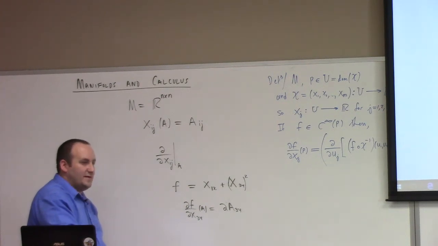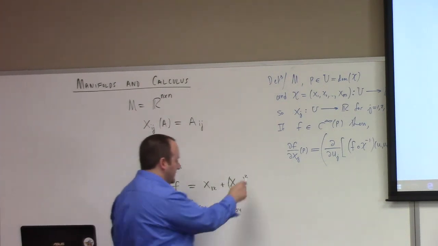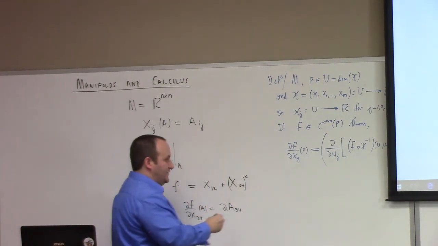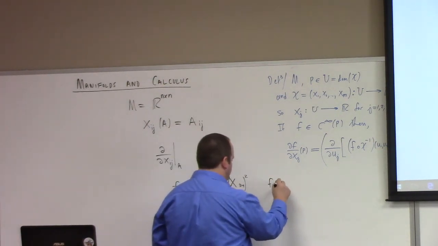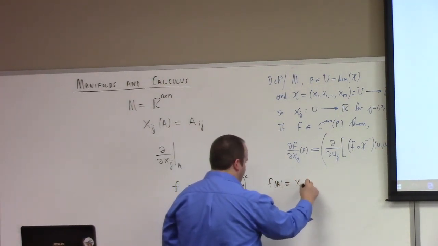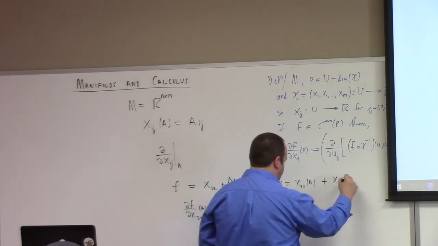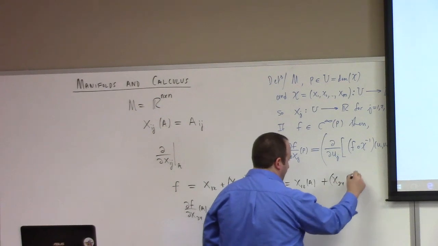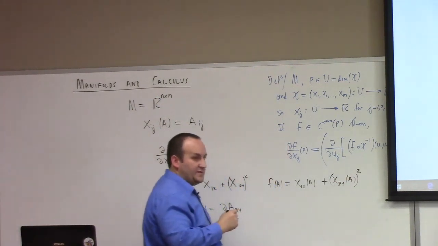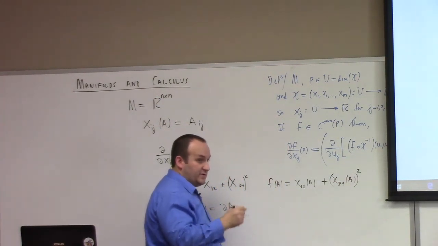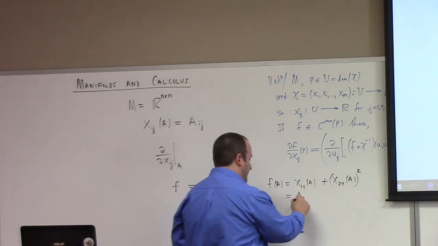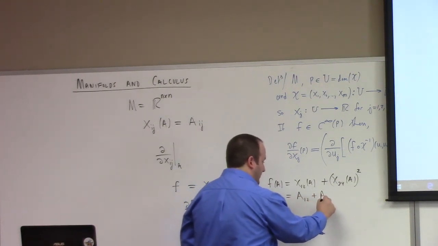No, I'm talking about f. If I feed this a matrix, f of A is x1,2 of A plus x3,4 of A squared. It's the pointwise multiplication of real valued functions. Yeah, good question. So that is A1,2 plus A3,4 squared.